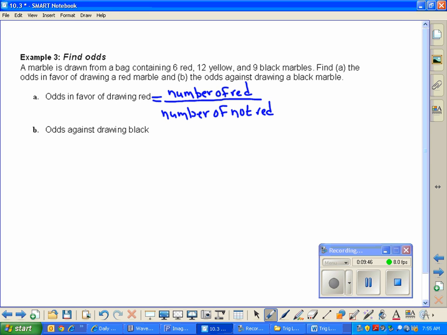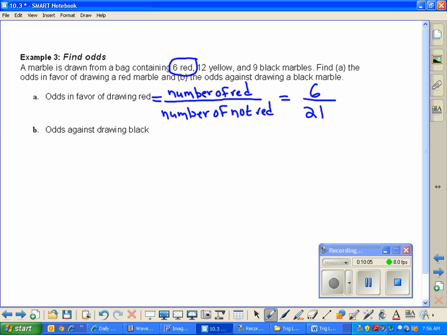So what I see is that from the problem here, I have 6 red marbles. Should have done this in red pen, huh? I have 6 red marbles, and then I have 12 and 9 yellow and black marbles. Those are my unfavorable ones, the ones that aren't red. So we're looking at 21.